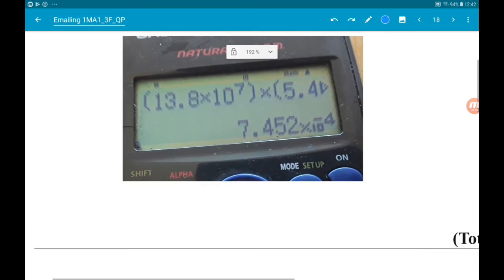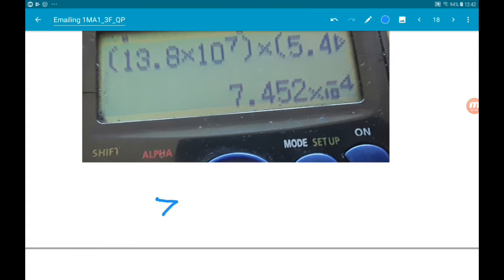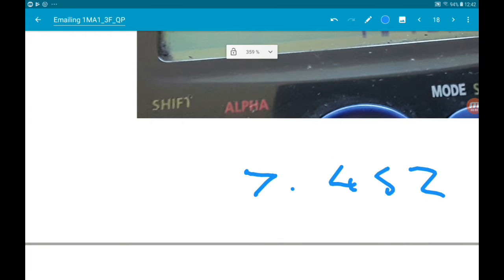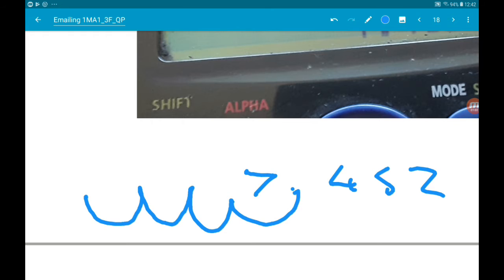Now what that means is if we have 7.452 times 10 to the minus 4, that means the decimal point needs to move 4 places to the left. So it's going to go 1, 2, 3, 4.